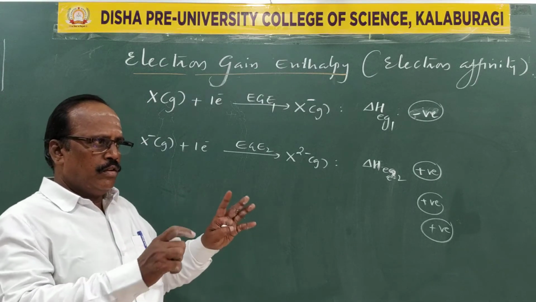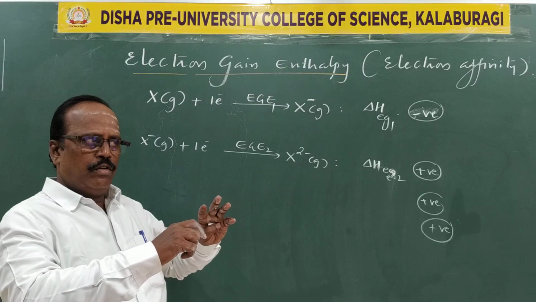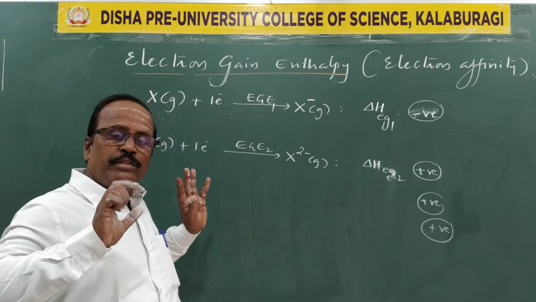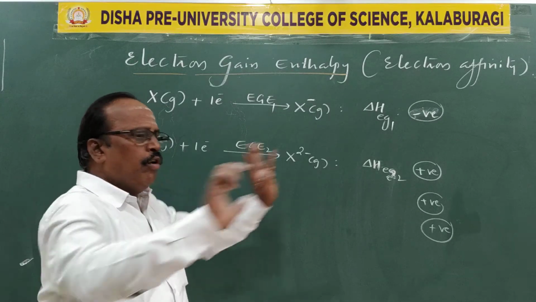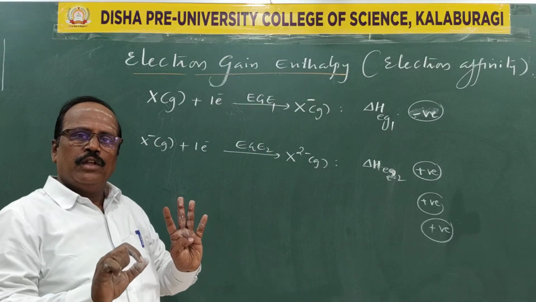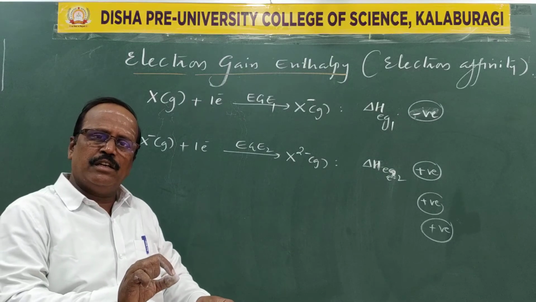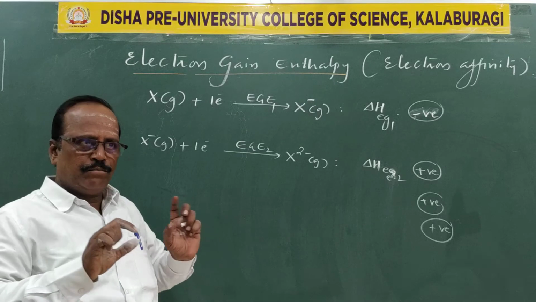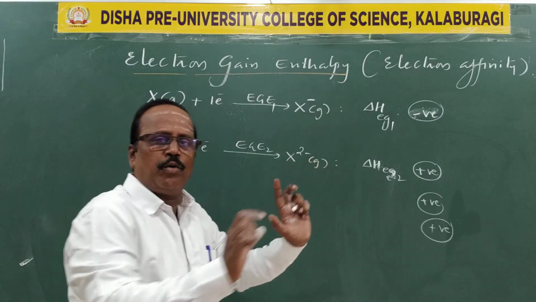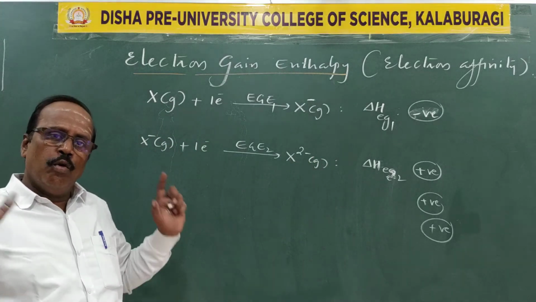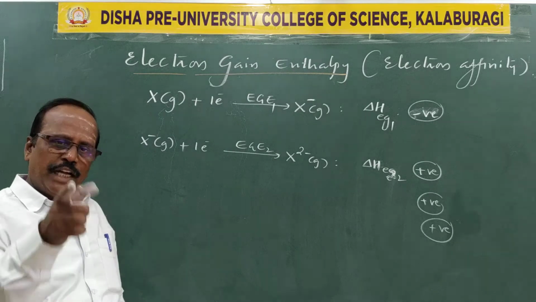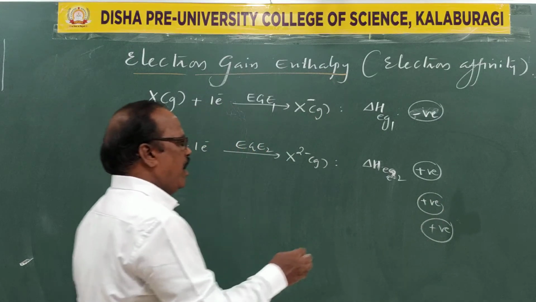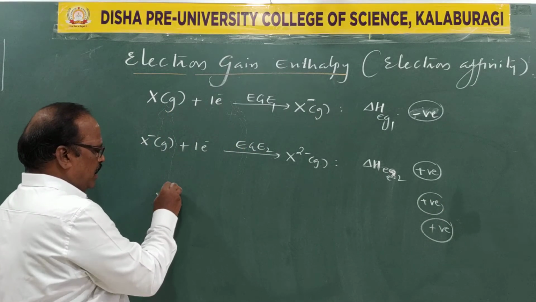To overcome the repulsive forces, we have to put in more energy from the outside. You have to force that X minus 1 to take one more. It is not ready to accept it, so we have to push from outside. We should give more energy from the outside, then it becomes endothermic.